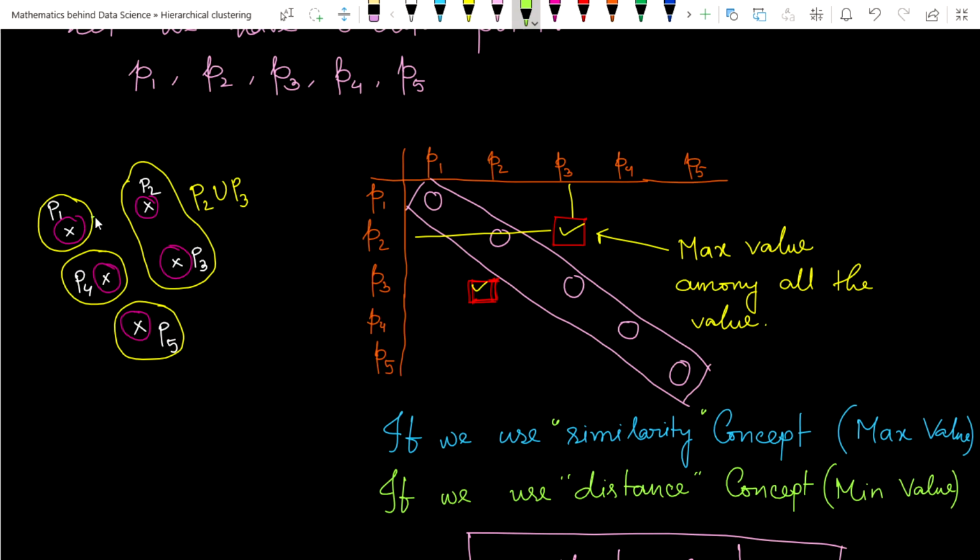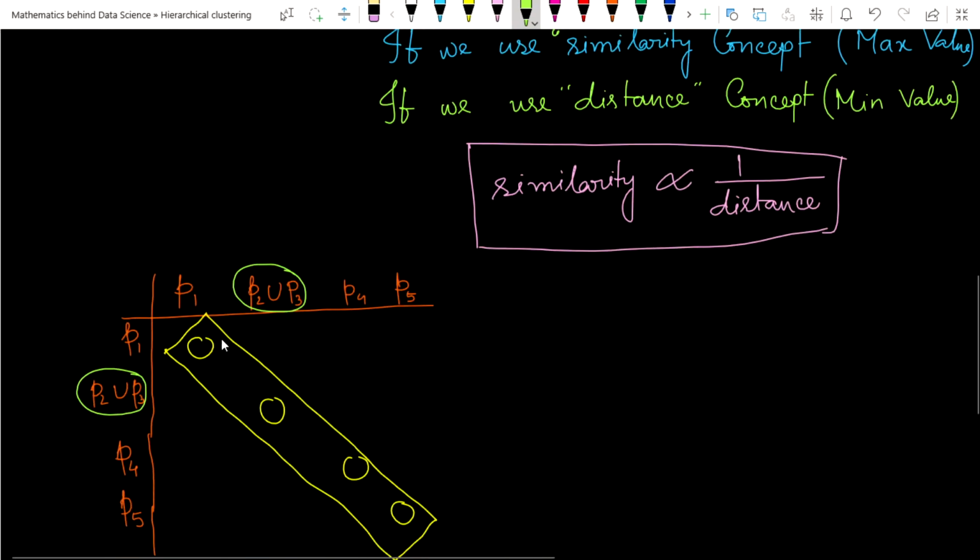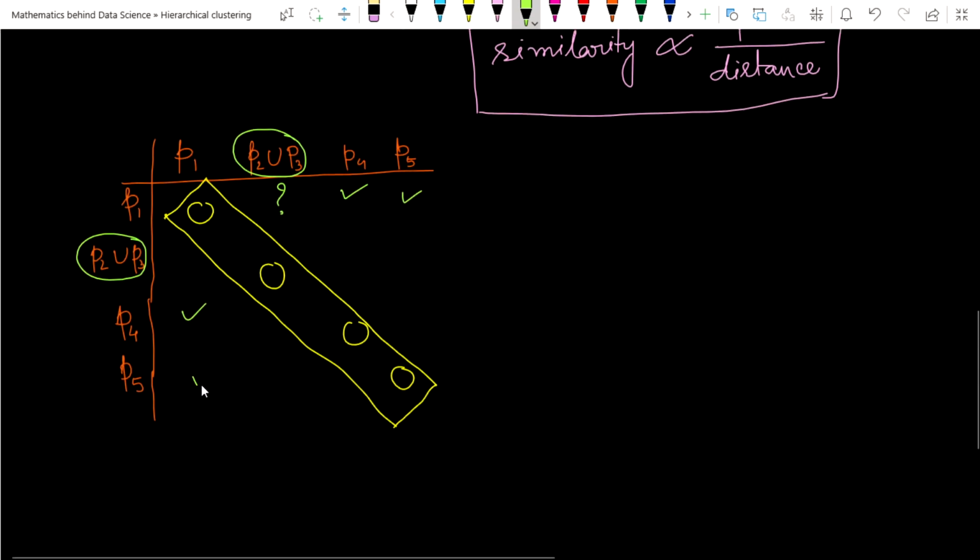How do we compute the proximity value between this whole cluster and this cluster? What will the proximity be here? The rest we already know.